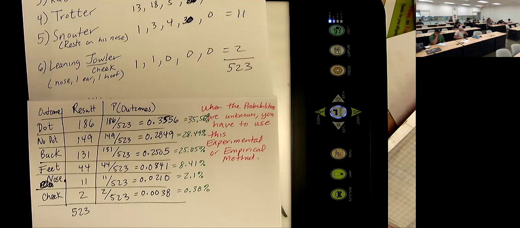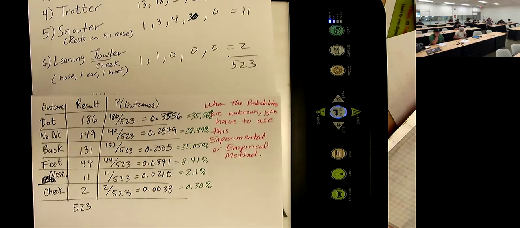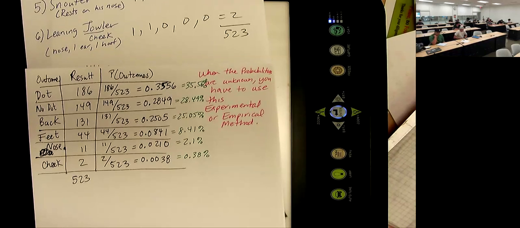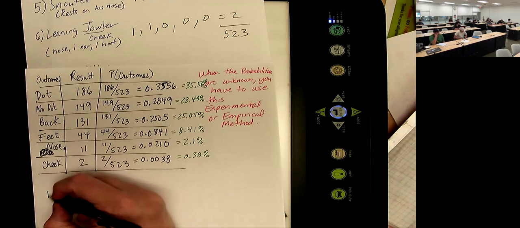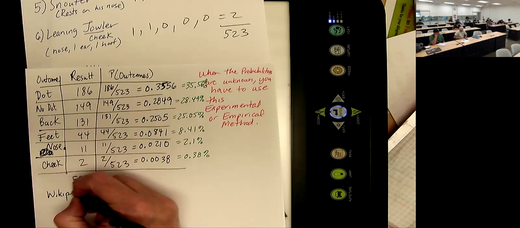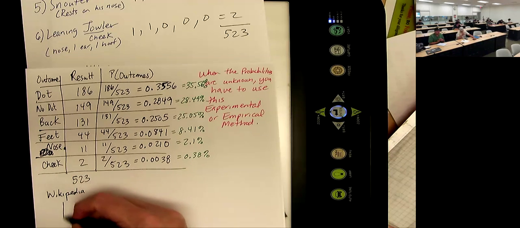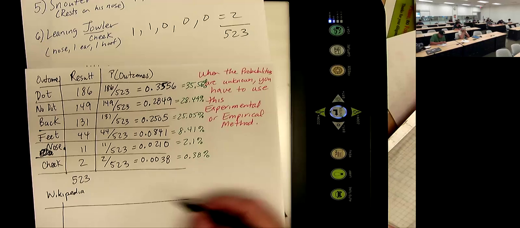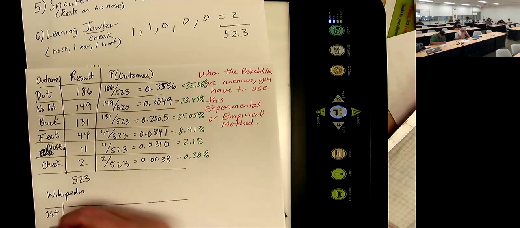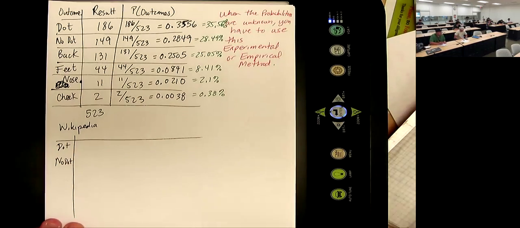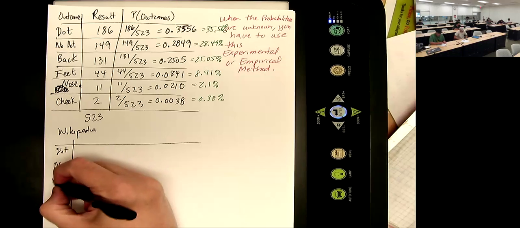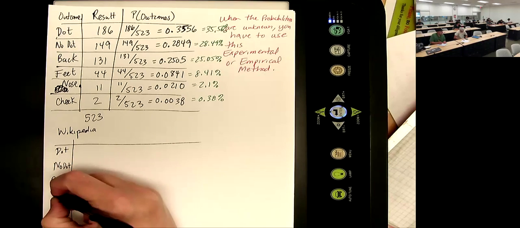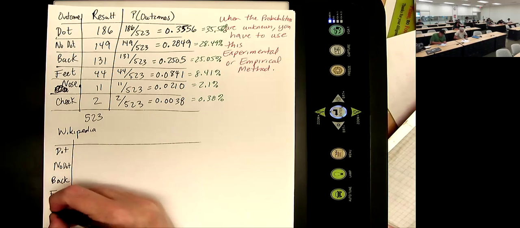If you look this up on Wikipedia, Wikipedia has the following results. Love Wikipedia, great source. We make the same list: dot, no dot, back, feet, nose and cheek.